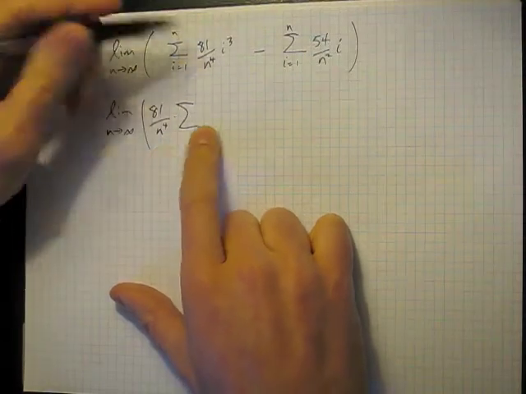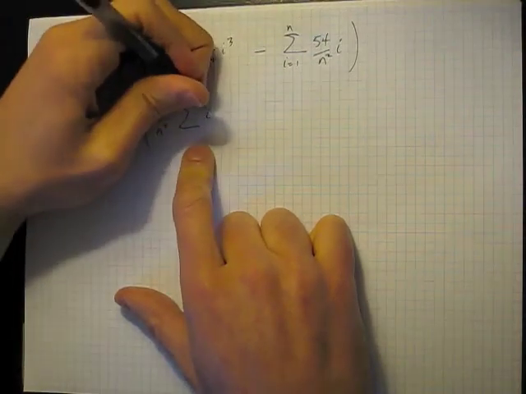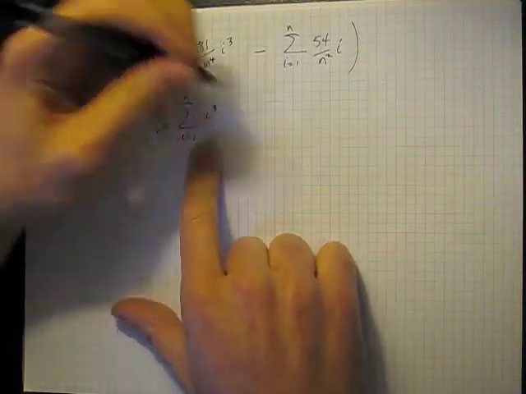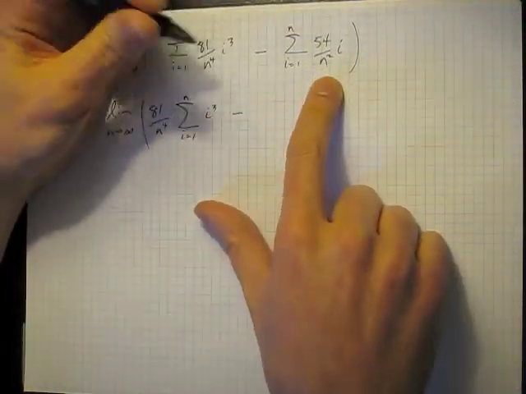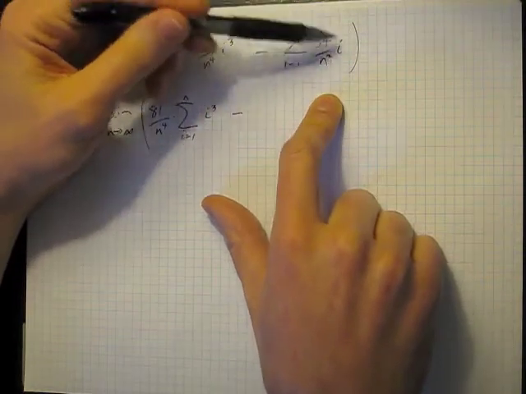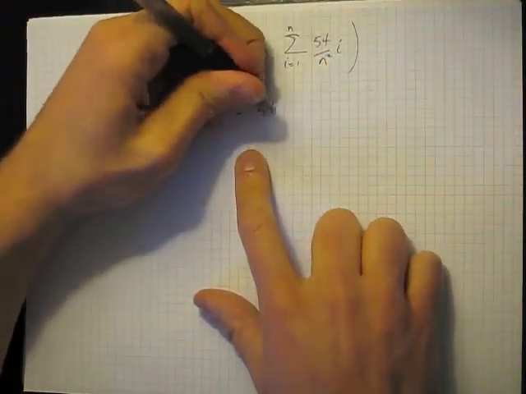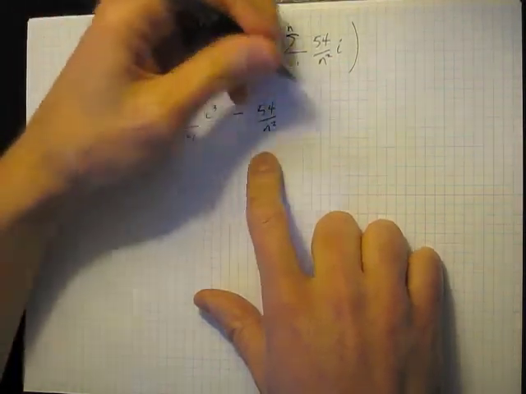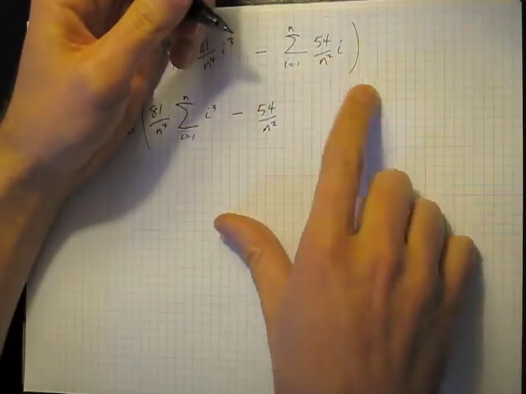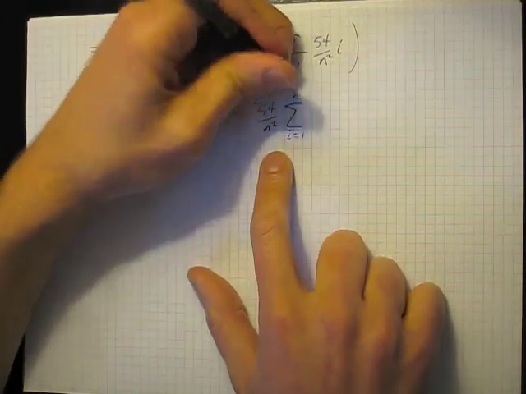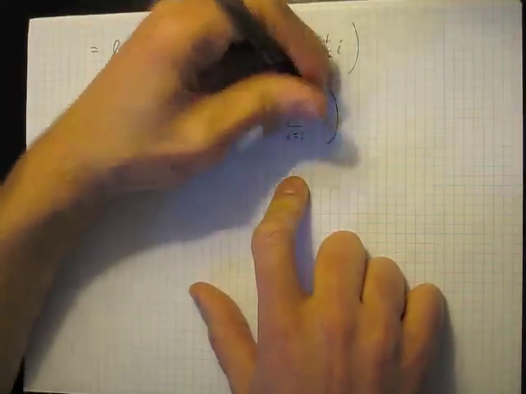So we've got 81 over n to the fourth came out here, and this is what's left. And then we want to do the same thing here. 54 over n squared is a constant. It'll appear in every term of this sum, so we're going to pull that out as well. Remember, as long as it doesn't have an i in it, it can come out of the sum if i is what you're counting. So i goes from 1 to n, and i, like so.